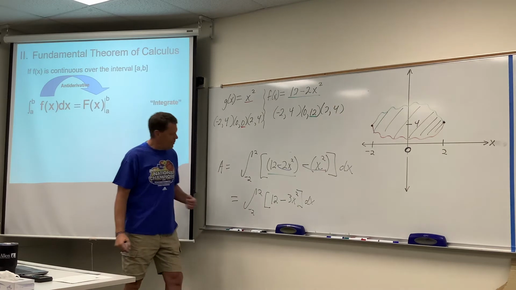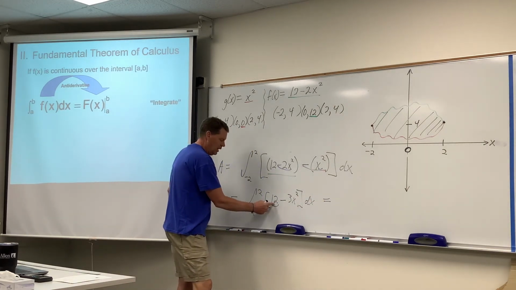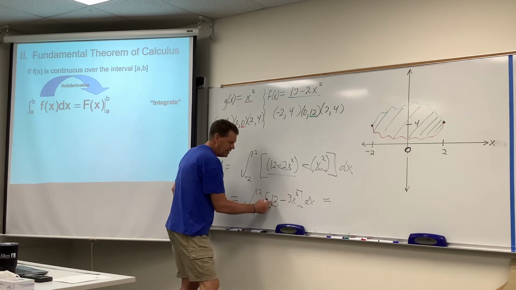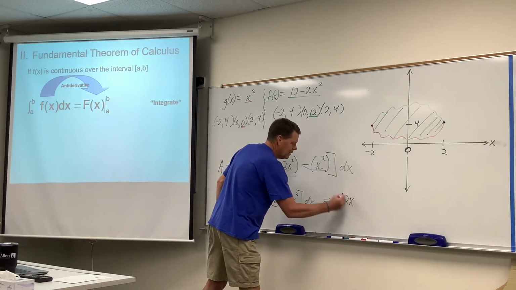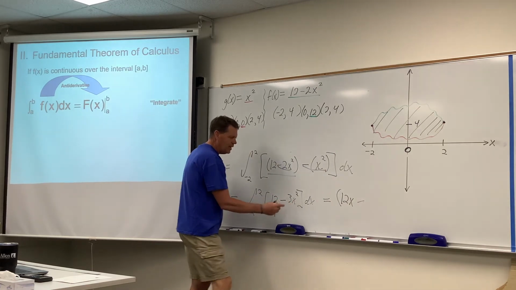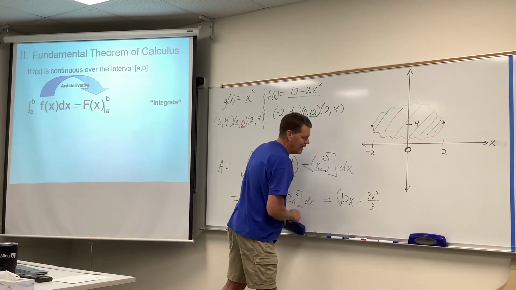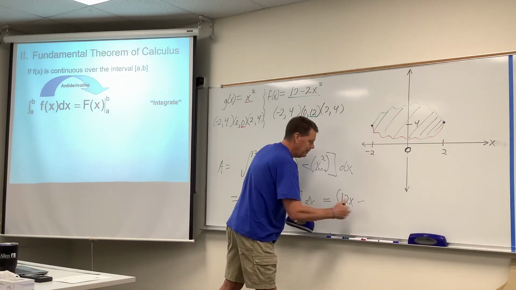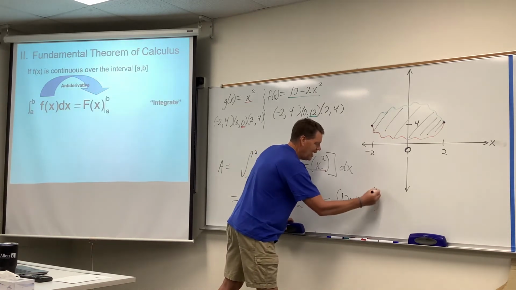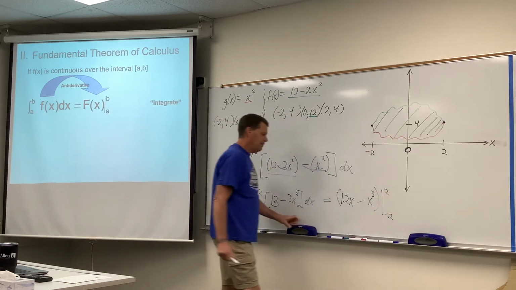I'll go one more step with you. So wouldn't this term have an antiderivative with respect to x of 12x? And this one would be 3x cubed over 3. Notice the 3's cancel. That's just x cubed. And that needs to be evaluated from -2 to 2. All right?